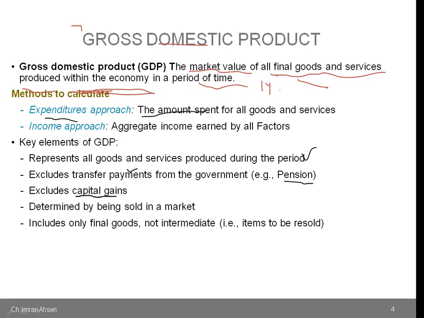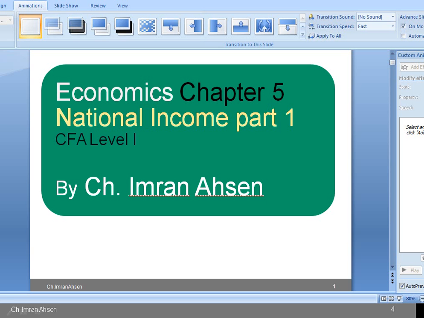If we have some land and sell it for a profit, that is not included in the GDP. GDP is determined by what is sold in the market, the price which we actually get, not anything else.